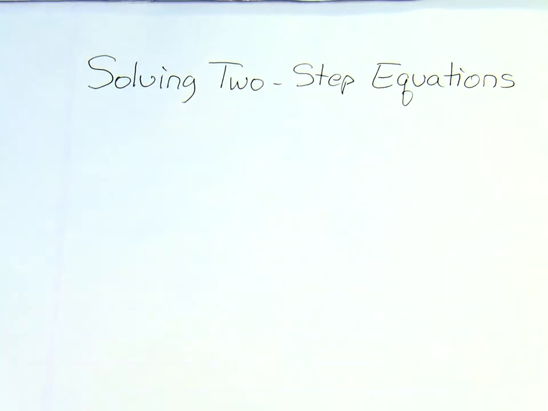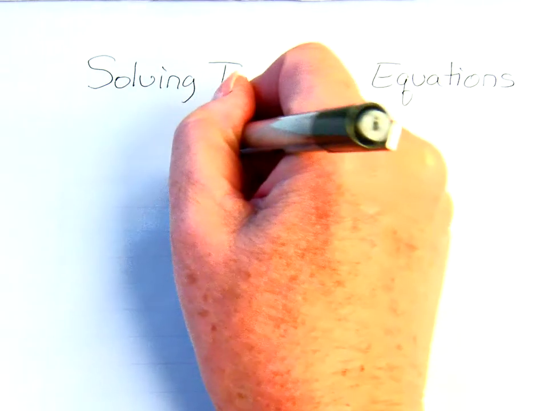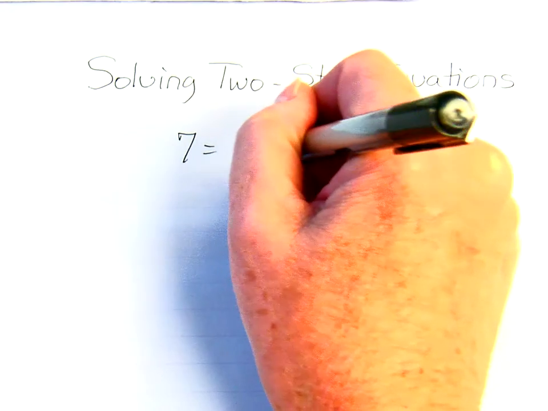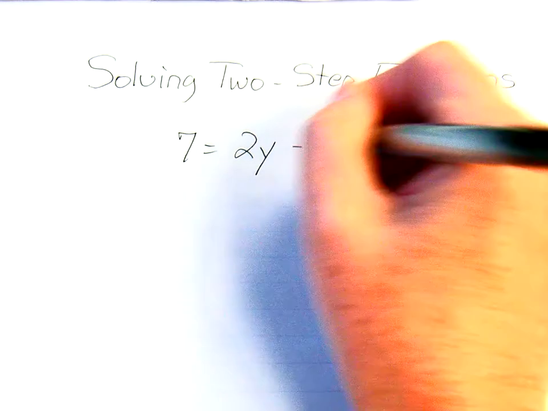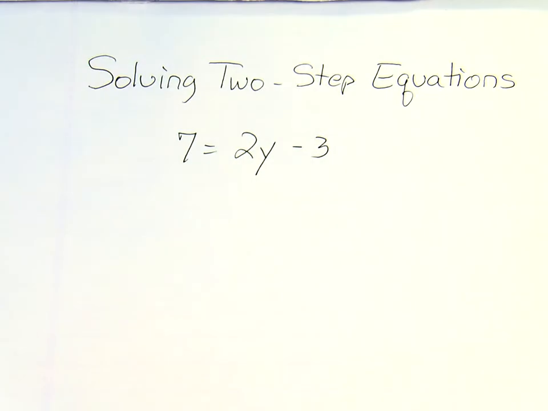Okay, so the first thing we're going to do is look at solving a simple two-step equation, and we'll start with 7 equals 2y minus 3. So the first thing we're going to do is undo our addition or subtraction using the inverse operation.